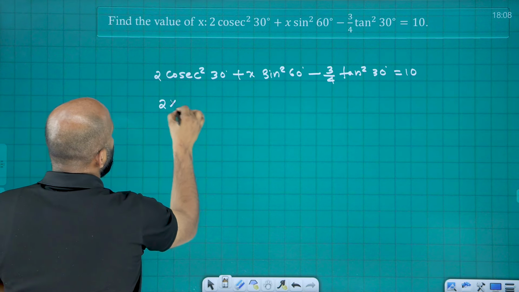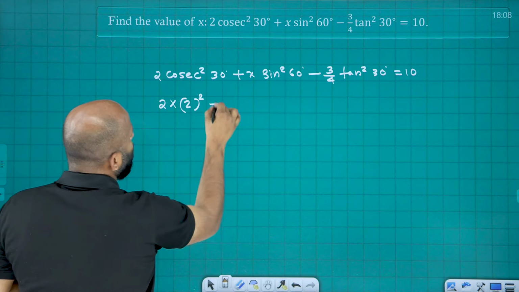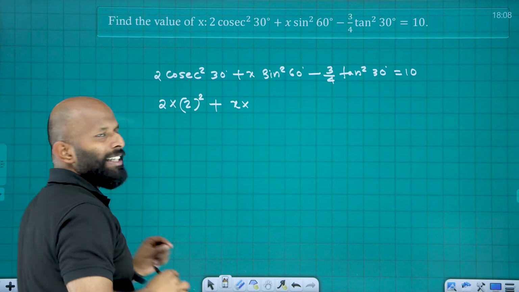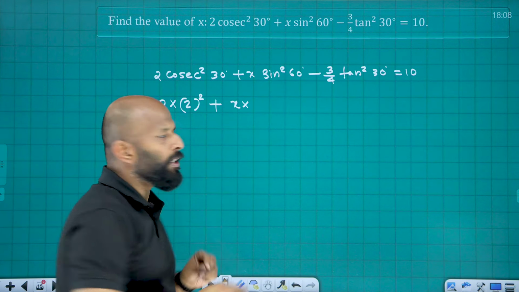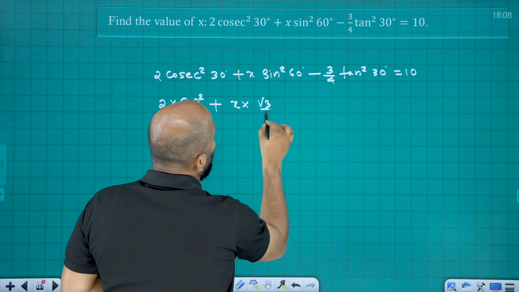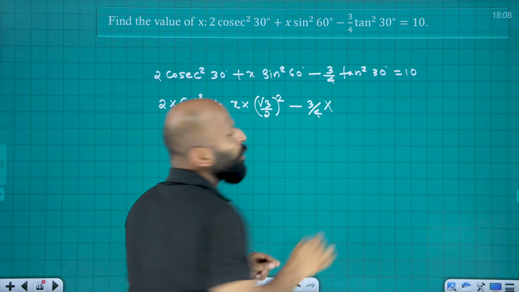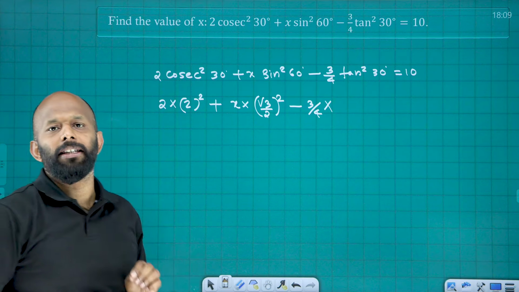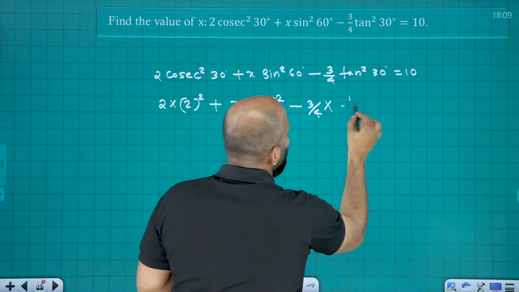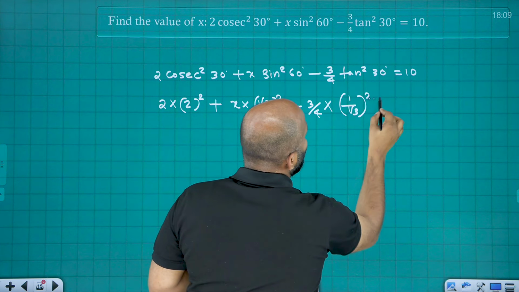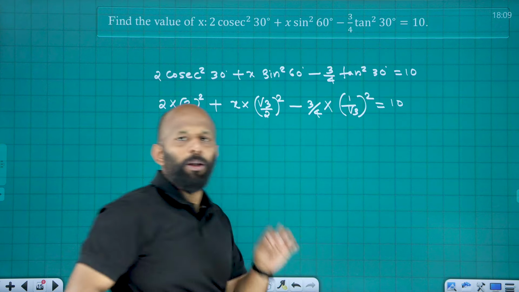So 2 into 2 square plus x into, what is sin 60? Sin 60 is root 3 by 2. So root 3 divided by 2 whole square, minus 3 by 4 into, what is tan 30? Tan 30 is 1 by root 3. So 1 by root 3 whole square is equal to 10.